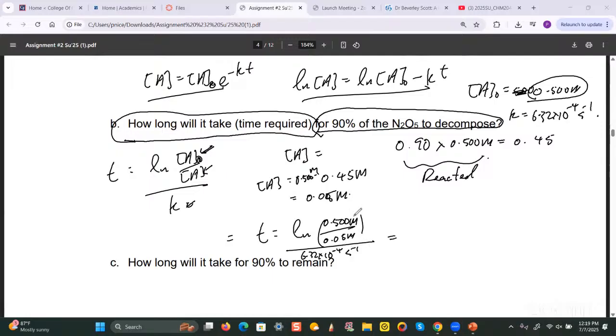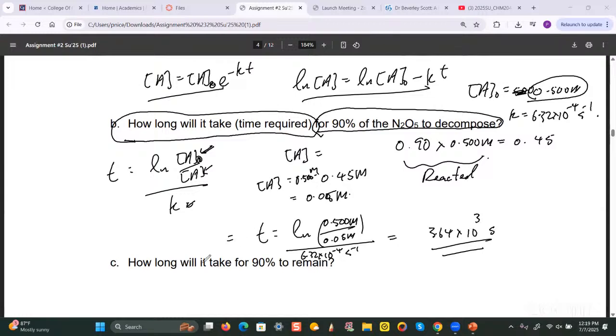And let's see what that gives. 0.5 divided by 0.05, and then I find the natural log of that, and then I divide that by 6.32 times 10 to the -4. According to my calculation, I'd have to round off to 3 sig figs, so this would be 3.64 times 10 to the 3, and the units here would be seconds. And that's how that would be done.